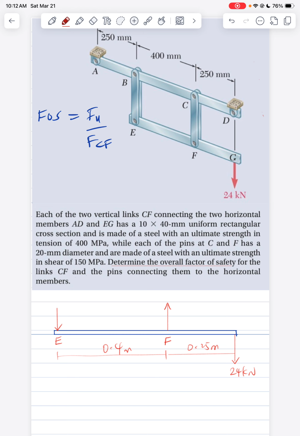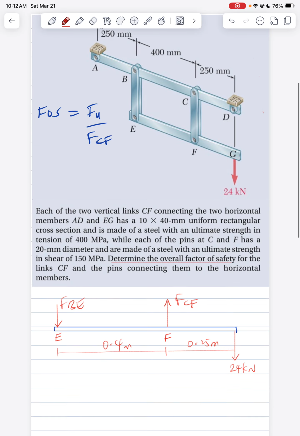Now we have three forces, but only one is known, right? So to simplify the problem, let's solve by equilibrium and take moments about point E, because we are really interested in FCF here. This is FBE. Taking moments about point E, we eliminate the need to find FBE, right?